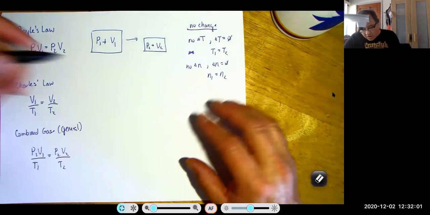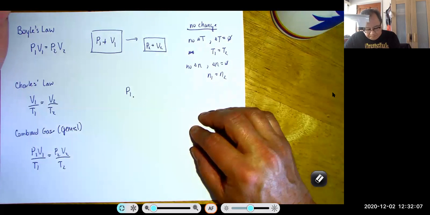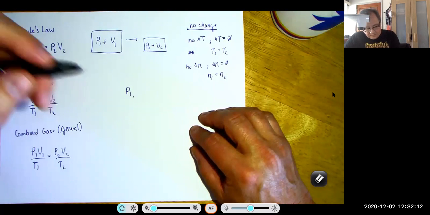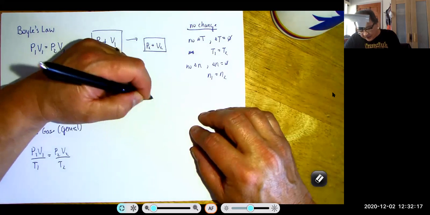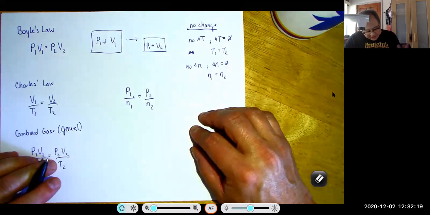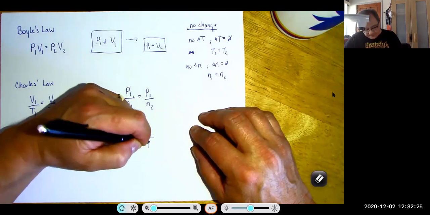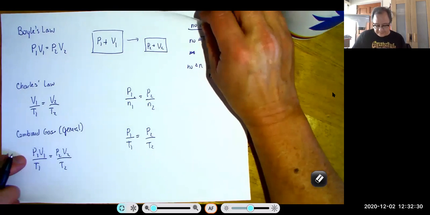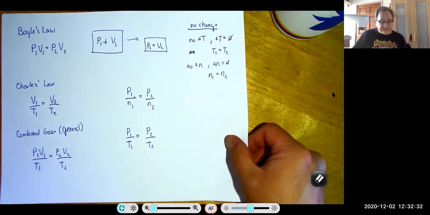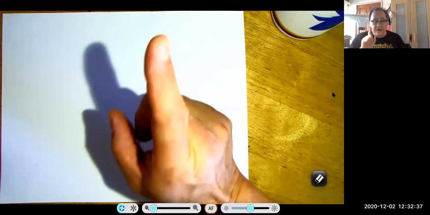And then there's a couple more laws like, how does this one go? P1 over N1 is equal to P2 over N2. And then there's another one where it's P1 over T1 is equal to P2 over T2. There's something like 5 of these laws that you need to know how to use. So I'm going to set this aside and show you how to get every one of those 5 laws from one equation.